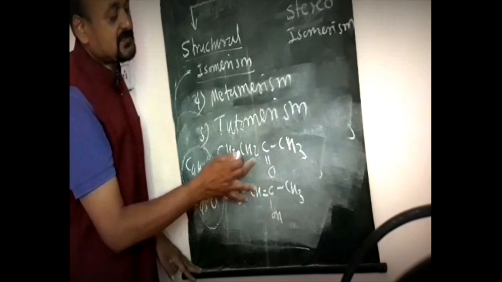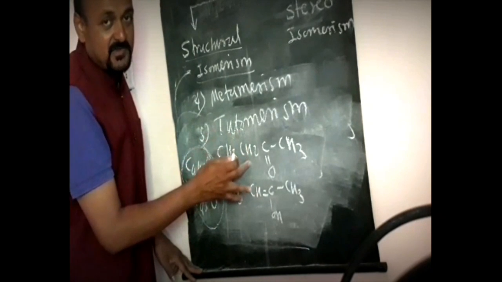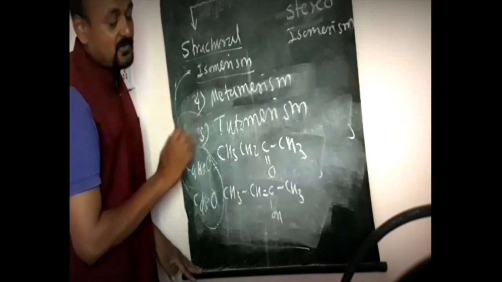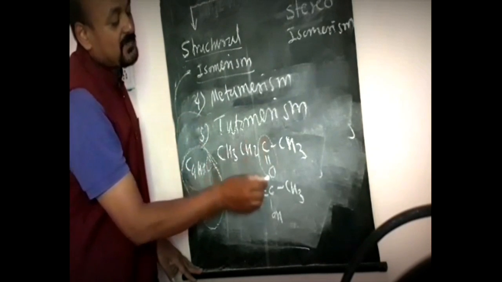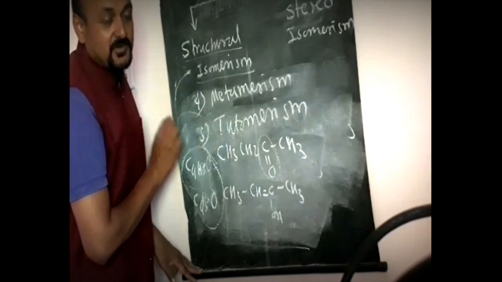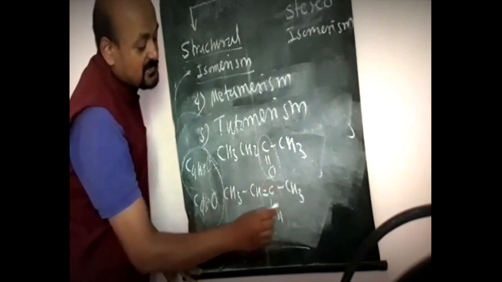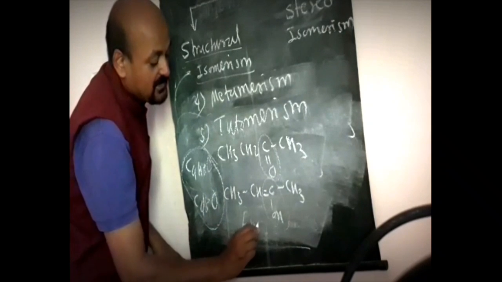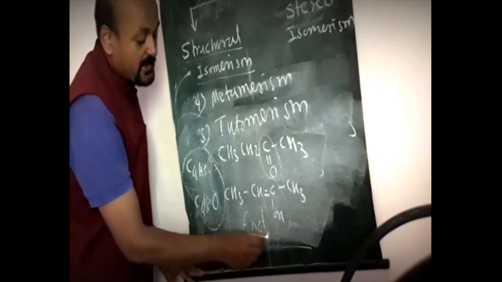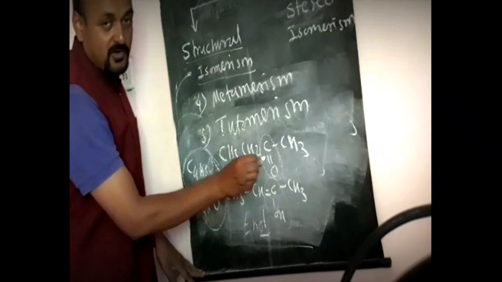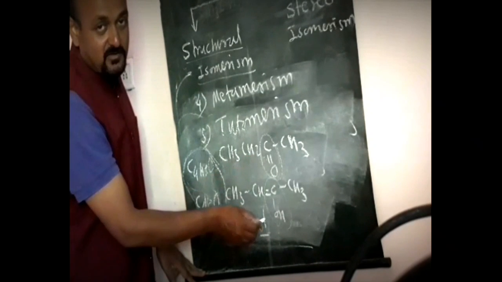So such isomers are known as tautomers, and this phenomenon is known as tautomerism. Okay, now here this form is known as the keto form because here the ketone group is present, whereas this form is known as the enol form, E-N-O-L. Here OL means nothing but alcohol group. So this is the keto form and this one is the enol form.